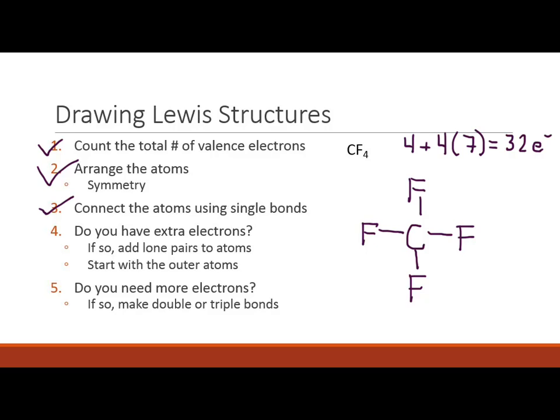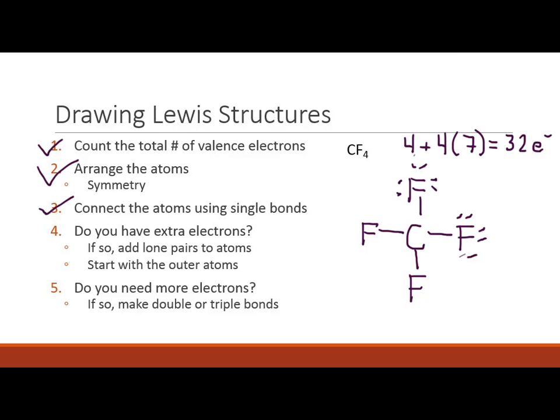So I'm going to start adding lone pairs onto each of the fluorines. I apologize if my little electrons don't always look perfect here. 2, 4, 6 around that fluorine, and then 2, 4, 6.